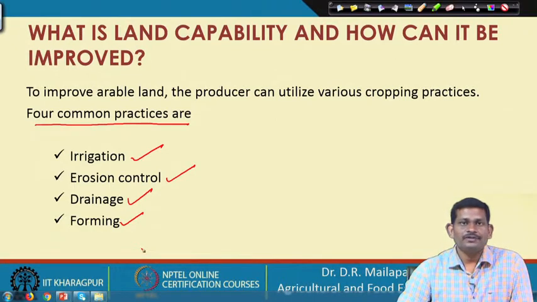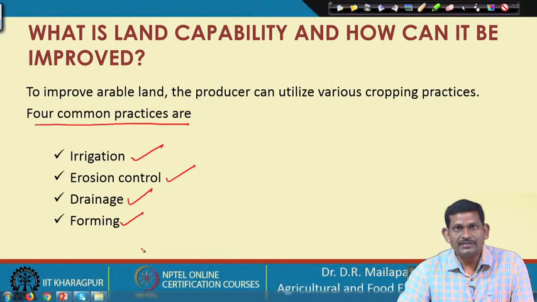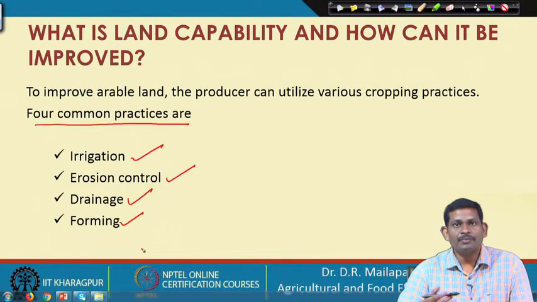Once you irrigate a crop, definitely you are wetting the soil root zone, and that will improve the soil condition and also improve the macro or micronutrient availability, and the biological condition, the soil biota, will also improve.